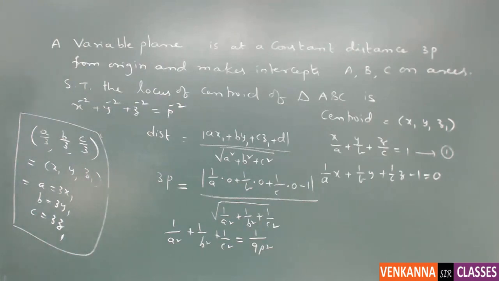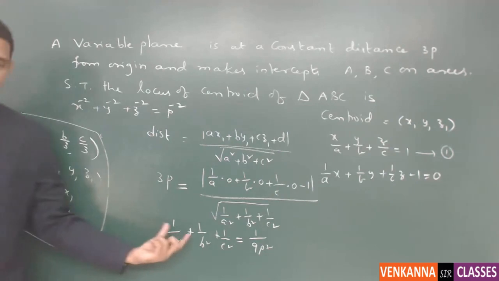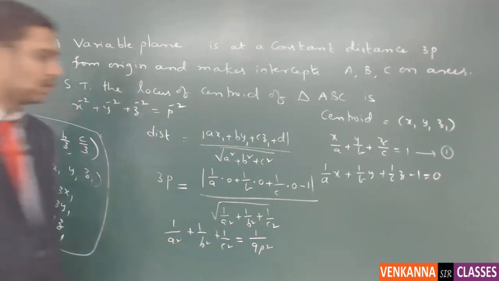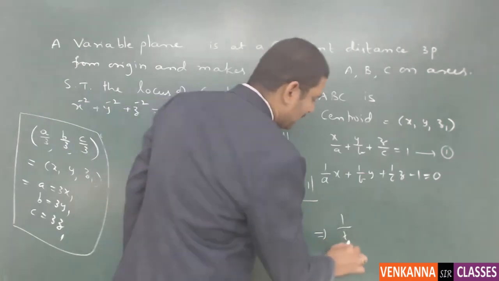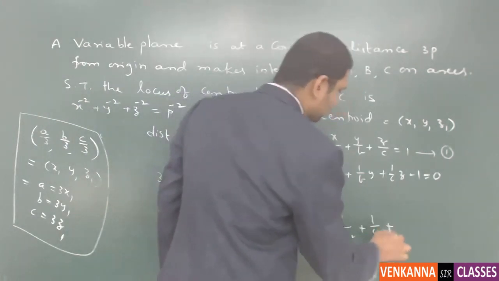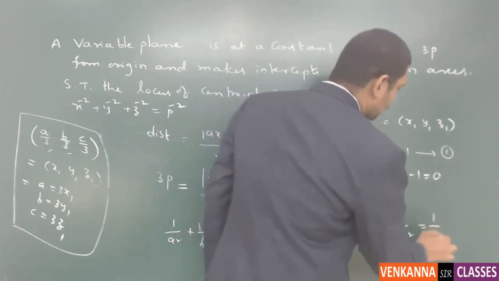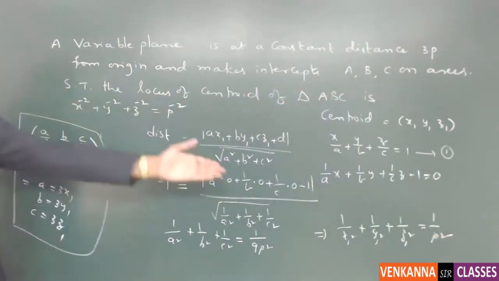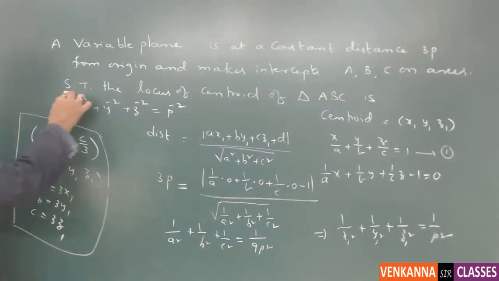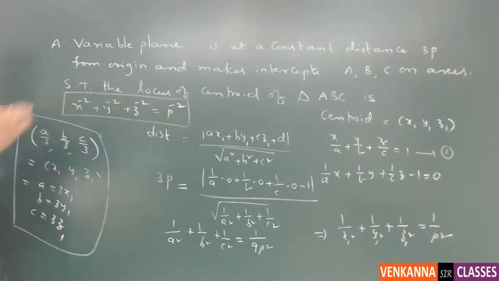Substituting a as 3x1, b as 3y1 and c as 3z1, the 9 gets cancelled, so you get 1 by x1 square plus 1 by y1 square plus 1 by z1 square equal to 1 by p square. So the locus is x power minus 2 plus y power minus 2 plus z power minus 2 equal to p power minus 2. Okay? Please take note of that. If you have any other queries, you can ask.